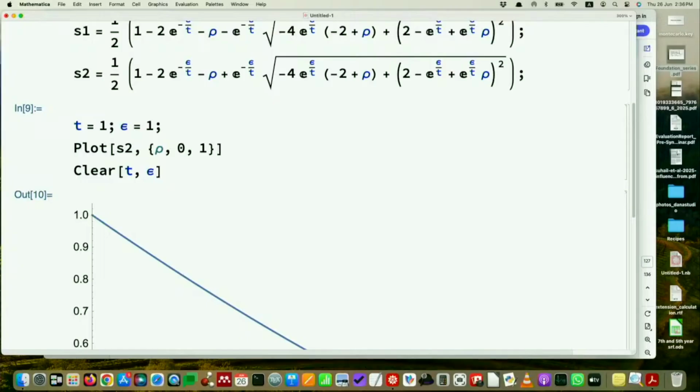Wherever temperature comes, temperature always comes as epsilon by t, because these are the two energy scales, they have to always come in that ratio. So what we can do when you analyze is put temperature to 1 and then vary epsilon. So temperature equal to 1, pressure is minus log x.